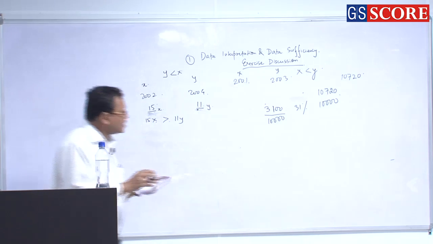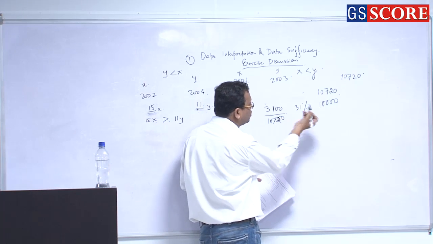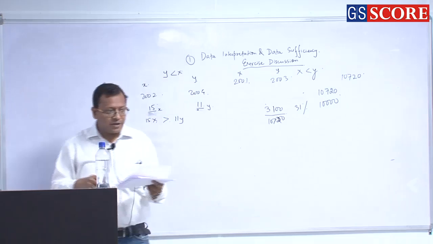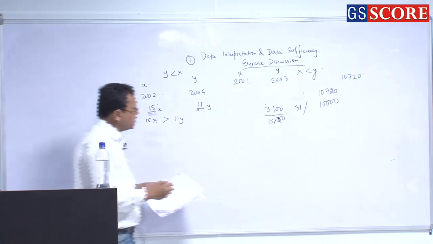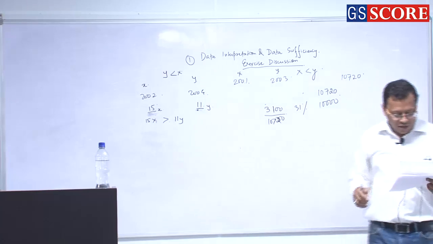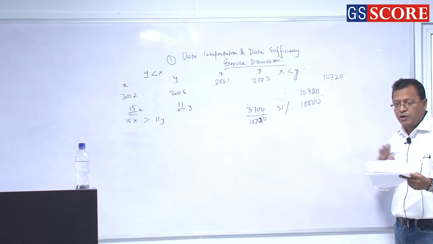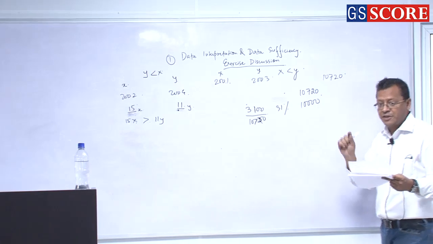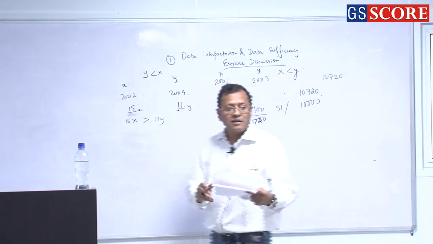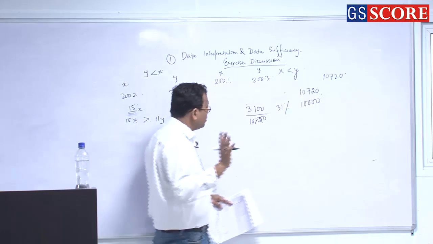So the answer is, now don't start calculating as 10,720 into 100 and how much, right? That would have been the case if the options would have been closed, but it's 3,100 and 10,720. The only two options are closed, 30.9 and 31.5. 33.3 cannot be definitely a possibility. 31.5, right. Very good question here.